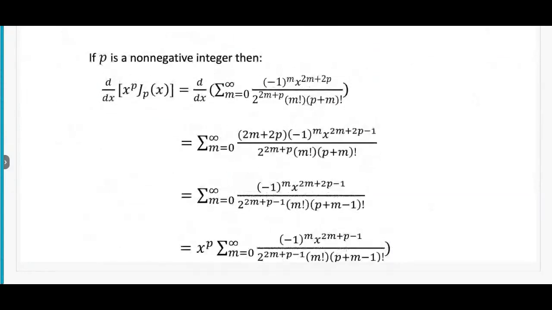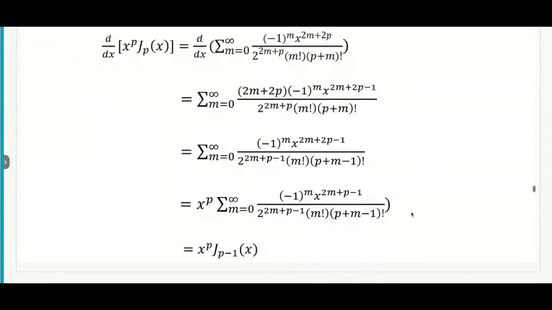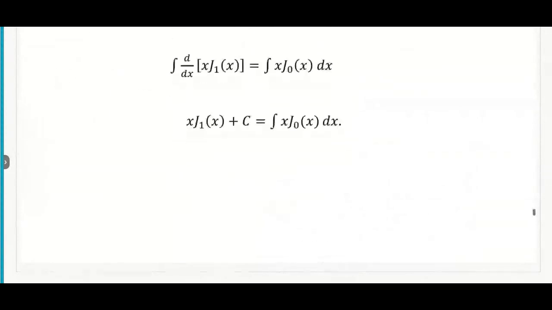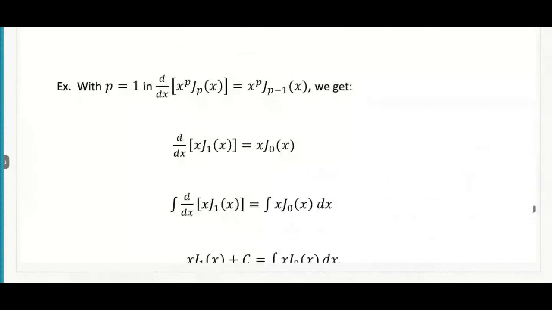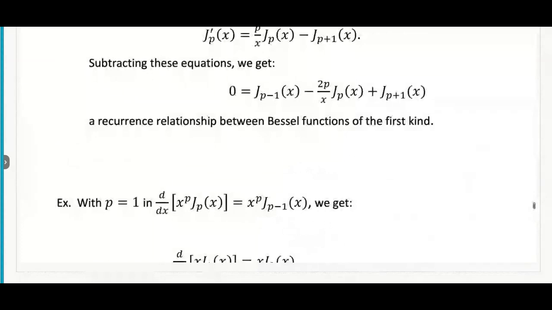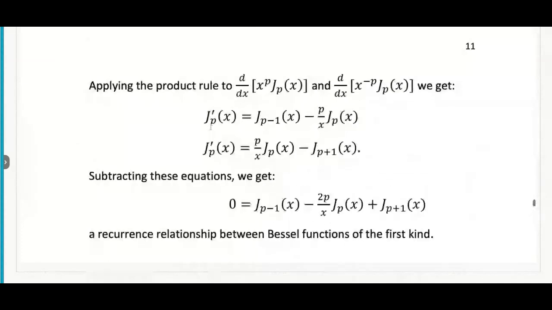Anyway, anyone has any questions? Yes, David. The derivative of the Bessel function, is that just defined as, like, the general rule where you just... You mean this?